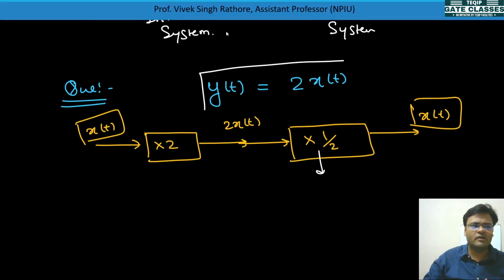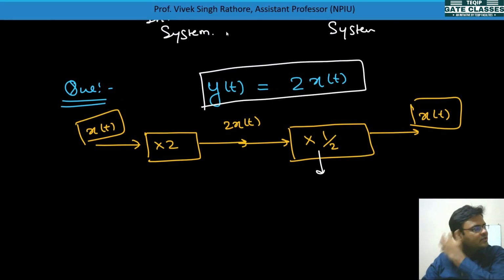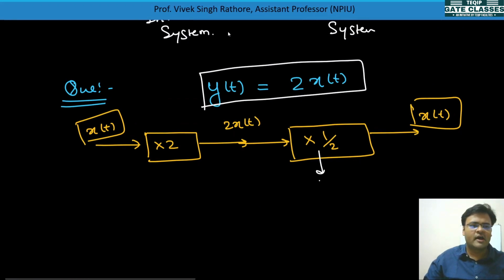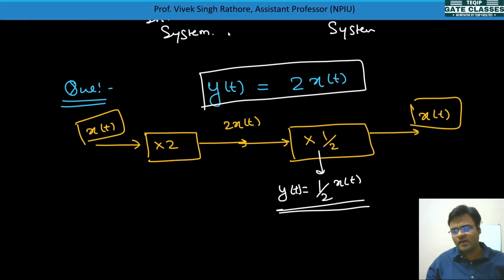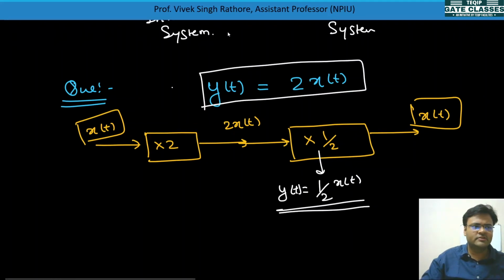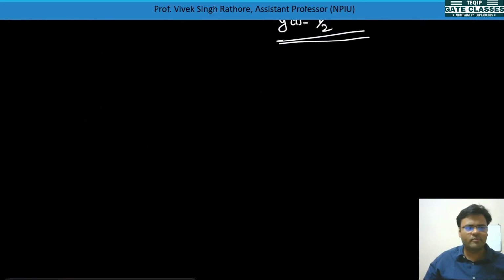If anyone asks you what the inverse system of this is, you will tell: y(t) is equal to half of x(t). And this system is called an invertible system. Very easy, no problem in that.